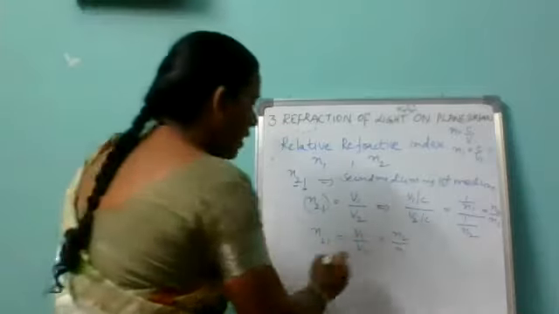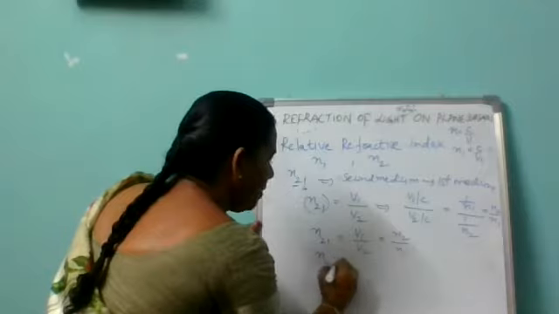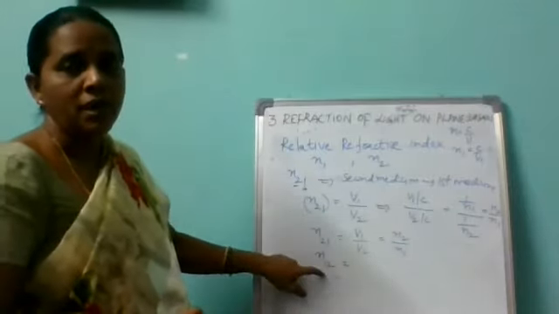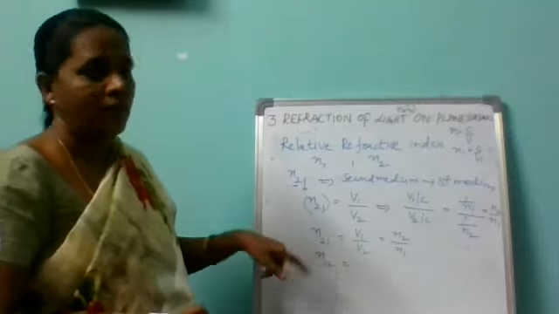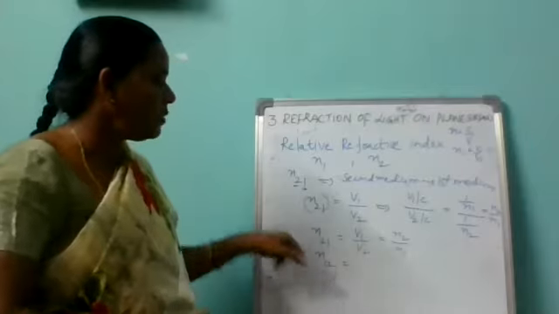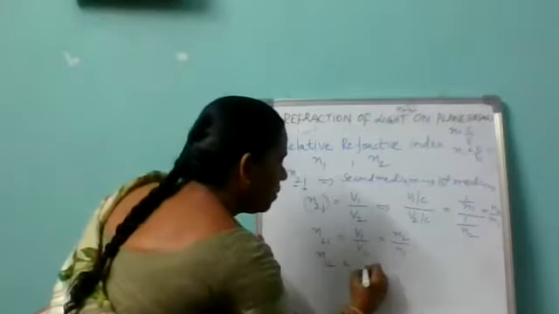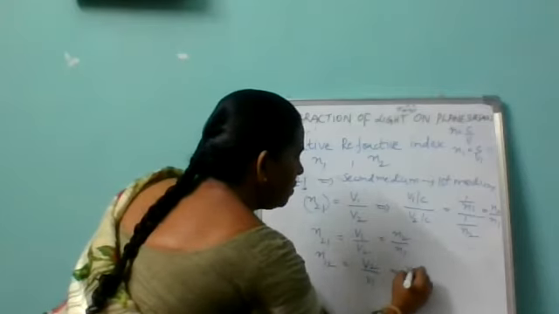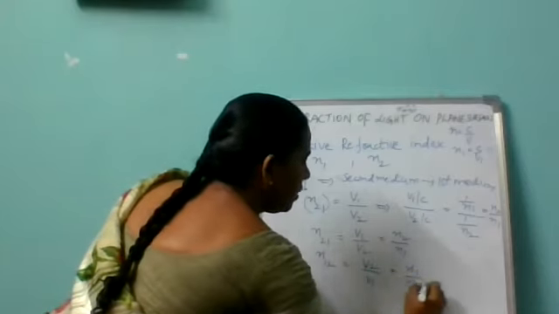Or we can write it as N12. N12 means relative refractive index of first media with respect to second media, so what should we write? V2 by V1, which is equal to N1 by N2.